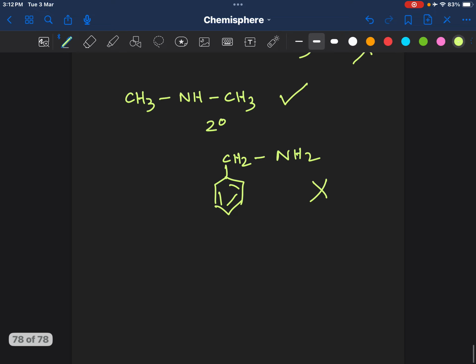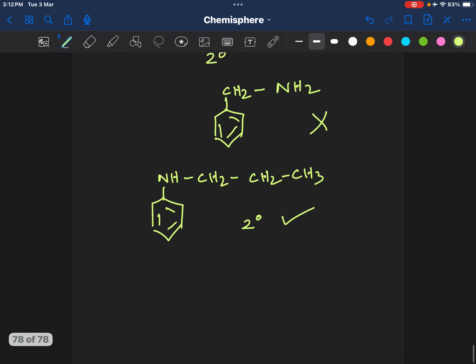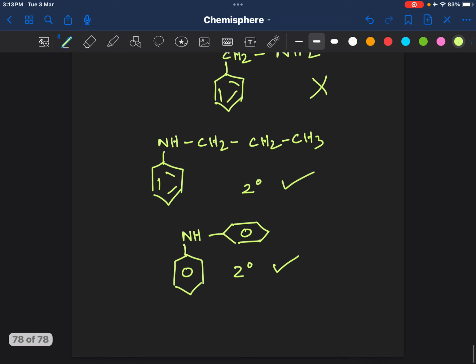N-propyl aniline is a benzene ring NH CH2CH2CH3. This is 2 degree, so it will work. The next amine is N-phenyl aniline, a benzene ring NH benzene ring. This is 2 degree, so this will work.